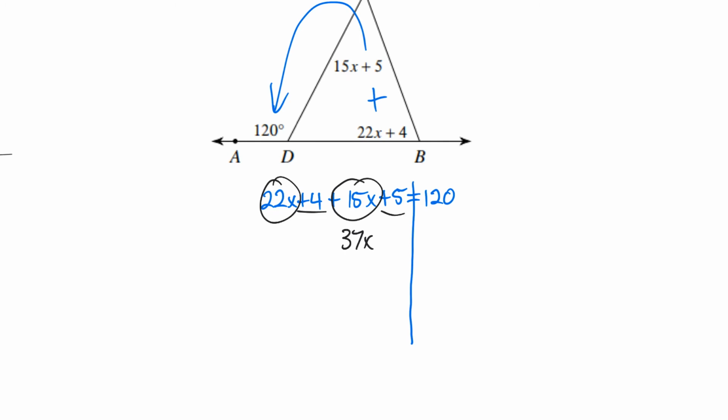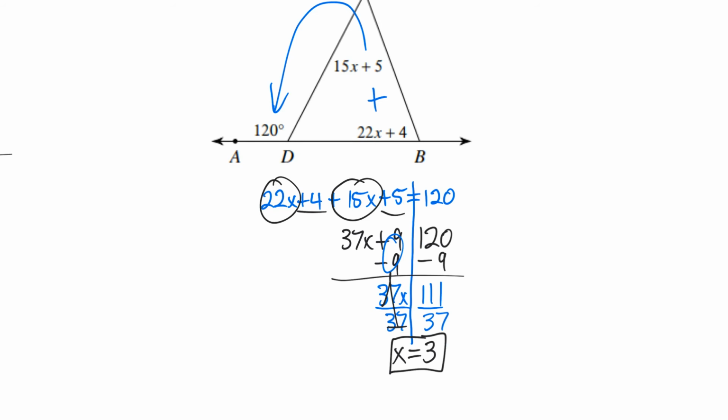And then 5 and 4 make 9 equal 120. Then I'm going to subtract 9 from both sides. Zeros out. 37x equals 111. And what is 111 divided by 37? Straight up 3.